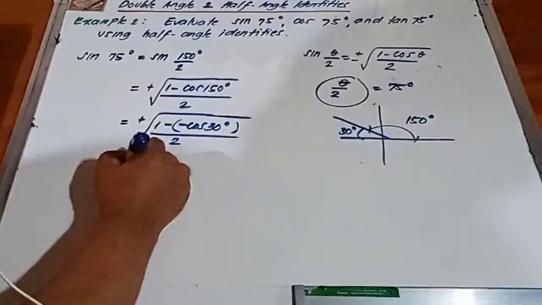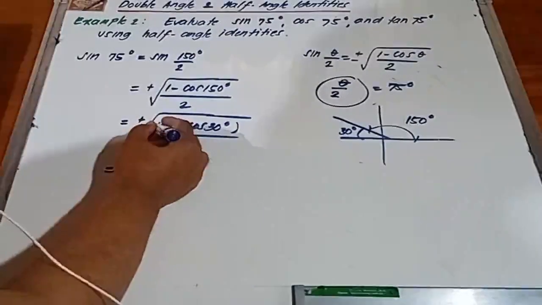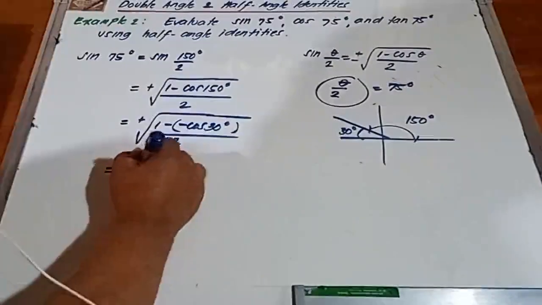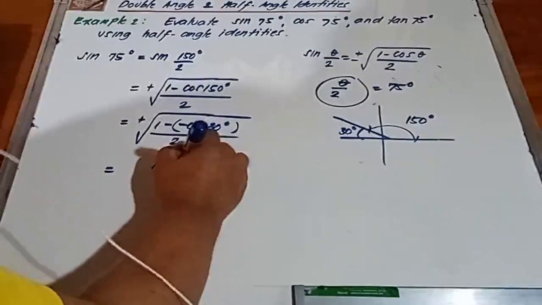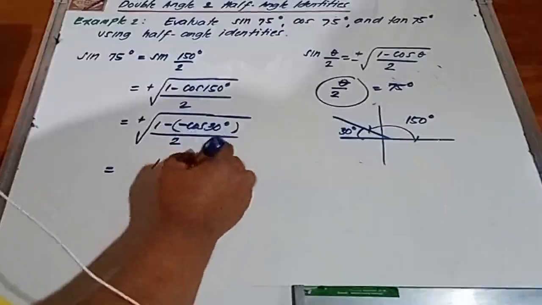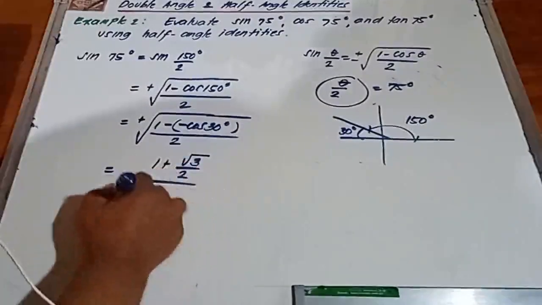So, we have plus here. So, 1 minus minus is positive. So, 1 plus, and cosine 30 degrees is square root of 3 over 2, over 2. Okay?